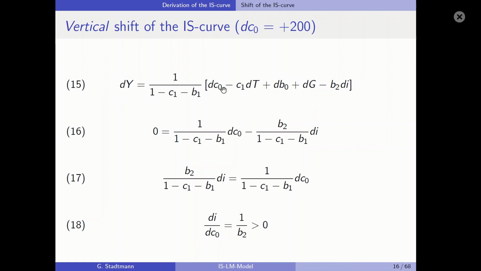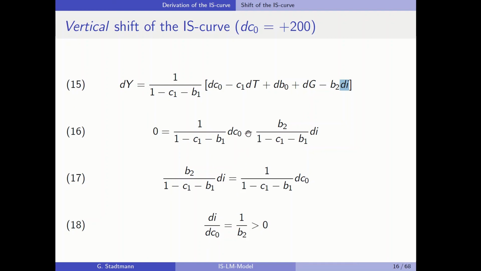We are interested in the relationship between dC0 and dY. So only this term matters. The other terms are equal to 0 because these variables are constant. We have to look for the relationship di/dC0.